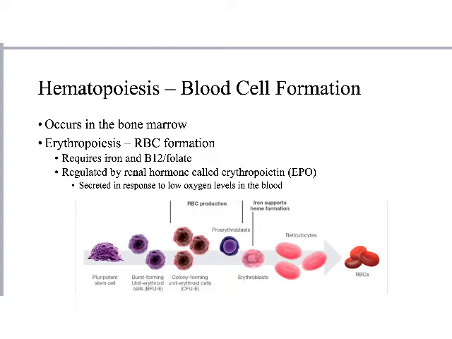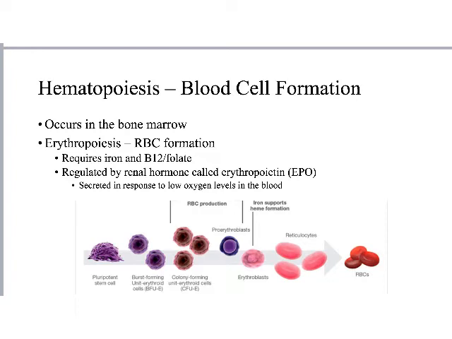Okay, so hematopoiesis is the formation of new blood cells, and this occurs largely in the bone marrow. We'll find a couple other places where some blood cells are formed, like I already told you, white blood cells can also be formed in the lymph nodes. But in general, I want you to think of hematopoiesis as occurring in the bone marrow.